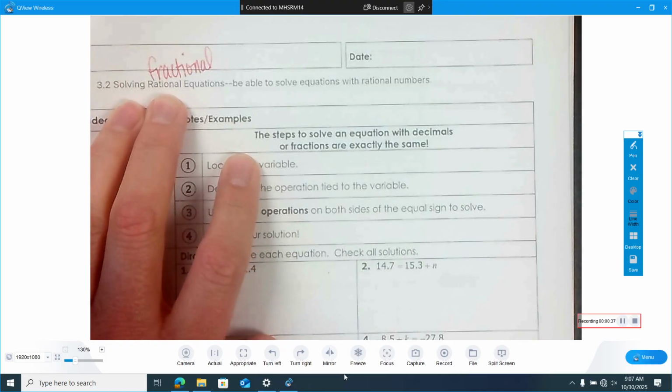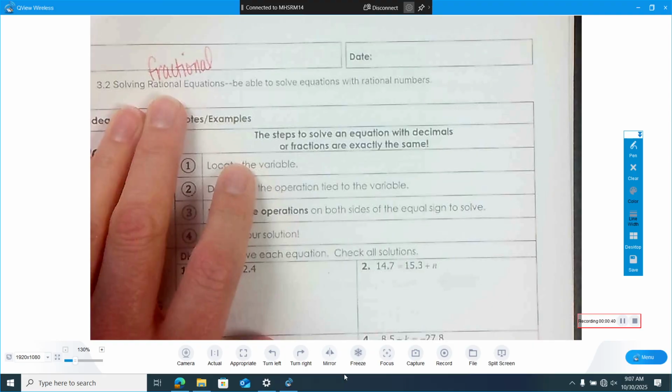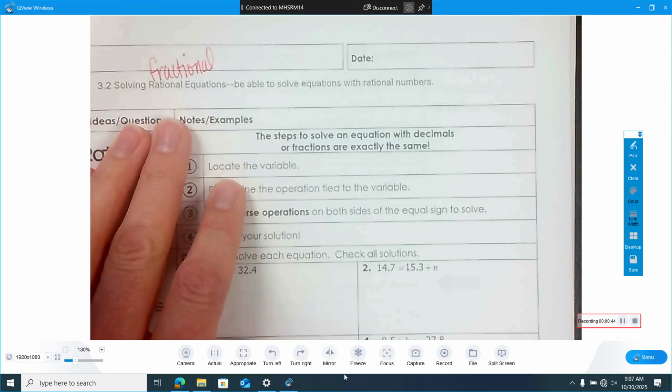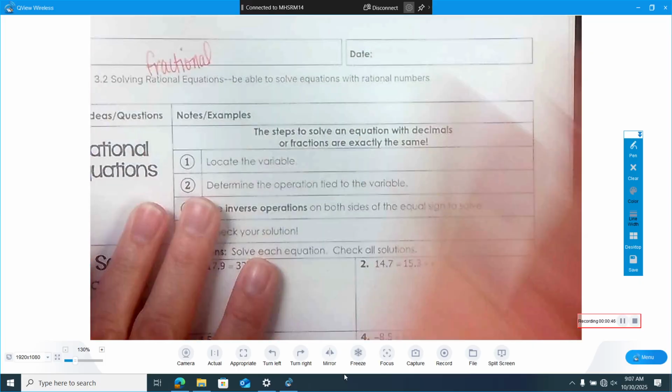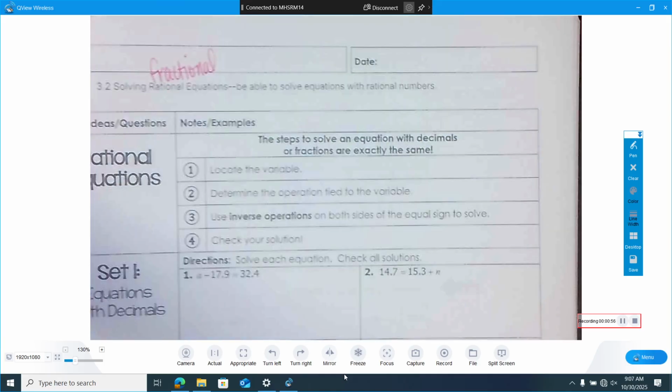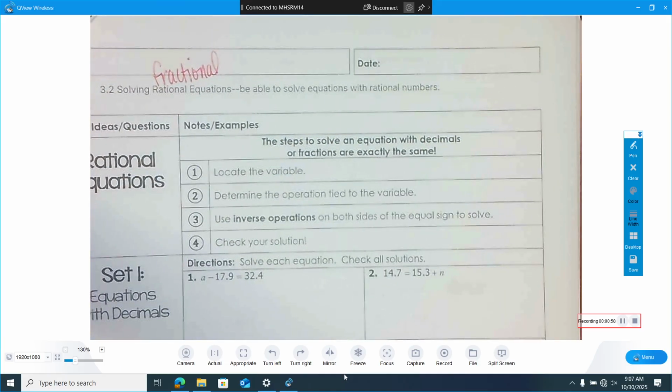So we're going to see decimals and fractions in our equations, but everything is the same as we did yesterday. We're solving, but now we have some decimals and fractions, which maybe makes it look a little less pretty, but the math is the same. And we have calculators to help us out, so really it's nothing to be scared about.